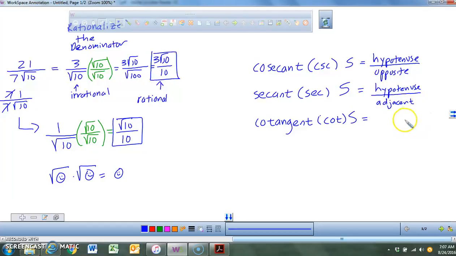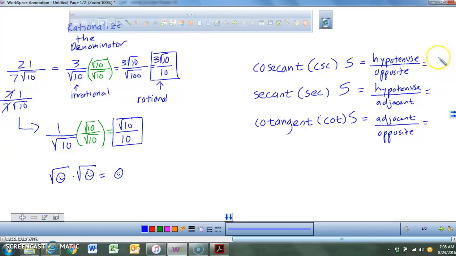And I think you see the pattern here. The cotangent is going to be what? Well, it's going to be the adjacent side over the opposite side. So it's just kind of the reciprocal of it. All right? So these will probably be a lot easier. So let's think about what we had.